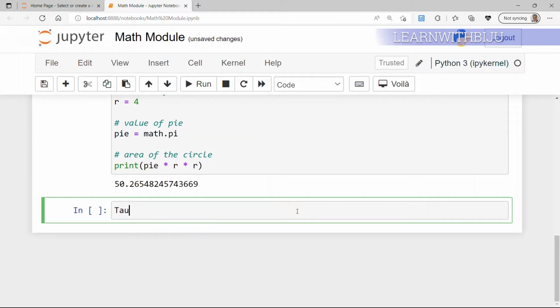The math.tau constant returns the value 6.28318530717956. Let's apply the syntax. Okay, so we have math dot, let's print this.